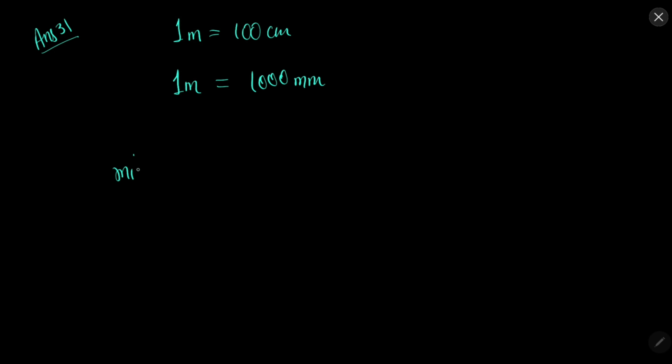So the minimum significant digits that we can have can be 1, like 5 mm, 4 mm, like this.